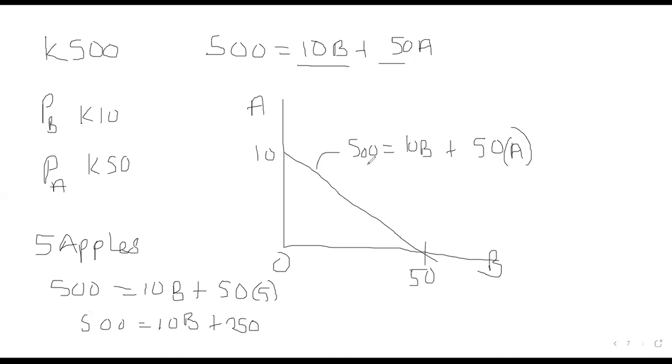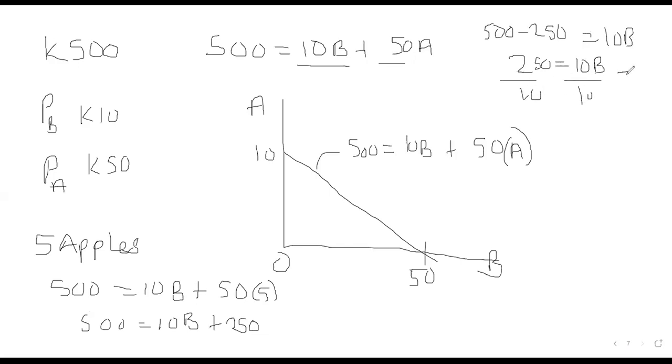So we're going to have 500 minus 250 is equal to 10B. So this side we're going to have 250 is equal to 10B. To calculate the number of bananas that Chanda will consume, we divide both sides by 10.